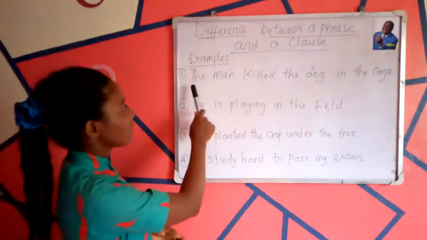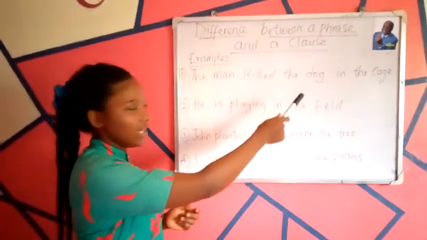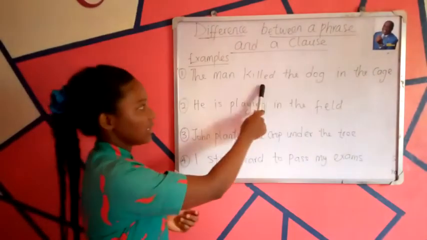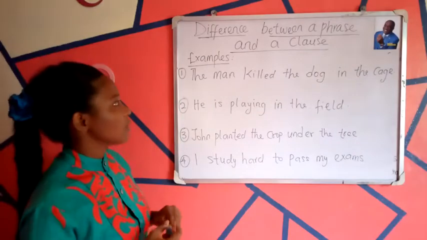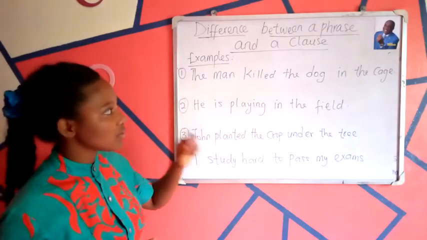We have the sentence: The man killed the dog in the cage. In this sentence, we will divide it into two sections. The man killed the dog.